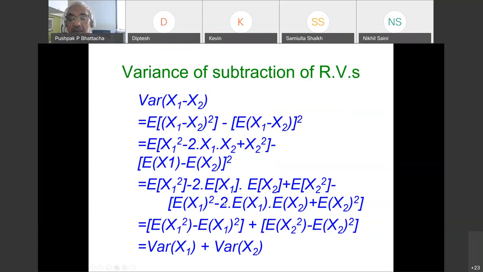So I expand by (a minus b) whole square once again. And then I find that this 2 Ex1 Ex2 again cancels from the two expressions. So I'm again landed up with Ex1 square minus (Ex1) whole square plus Ex2 square minus (Ex2) whole square. So this is again variance of x1 plus variance of x2.